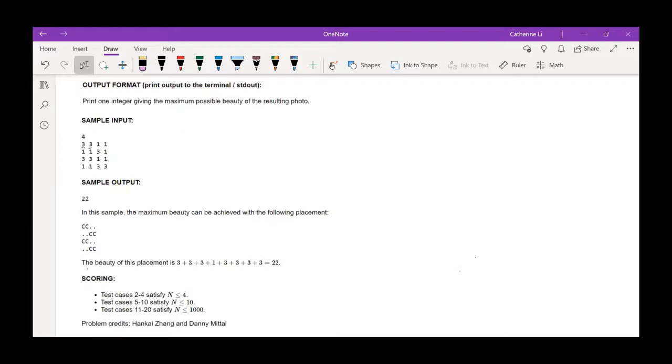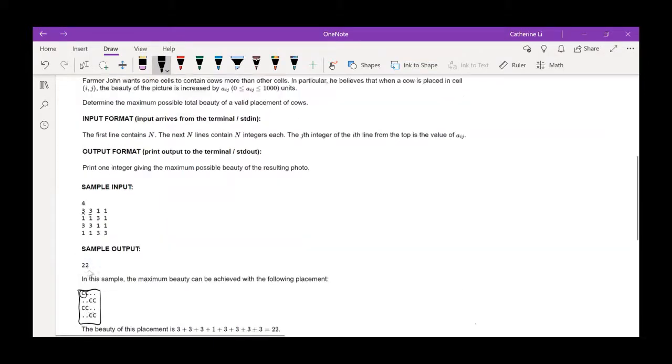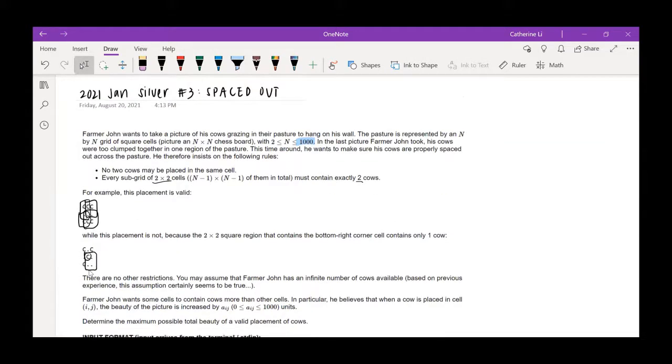If we could build a grid up from the small one to the full one, then we could possibly maximize the total beauty of the photo. But this isn't the official solution, and I think there is a DP solution, but I don't really know what it is. And given that this problem is from silver, it's probably not going to require DP as the solution.